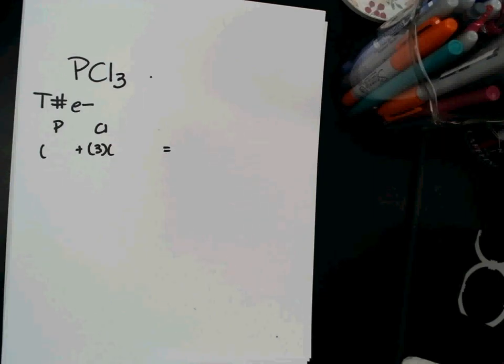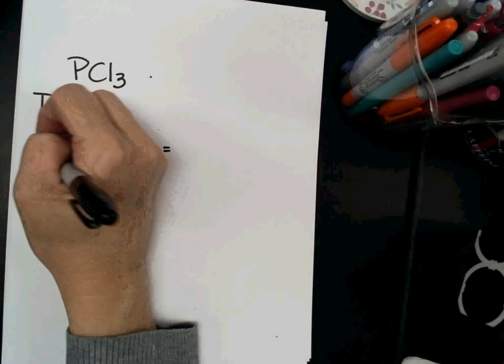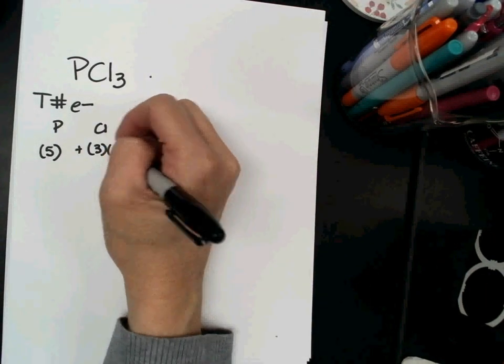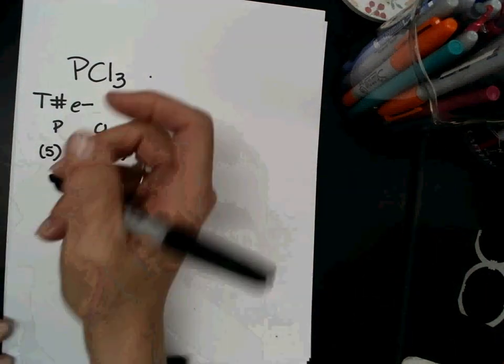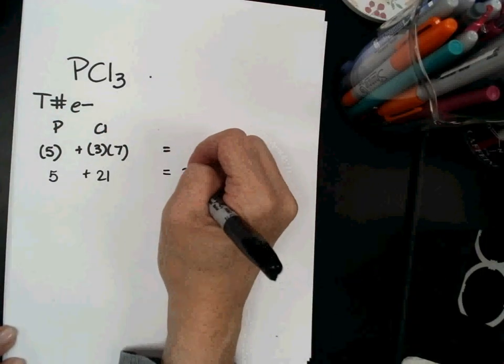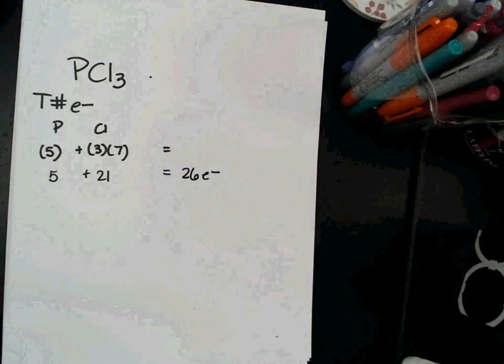How many electrons does phosphorus have? 5, okay. Jackson, how many electrons does chlorine have? 7. So I have 5 plus 21, or a total of 26 electrons.